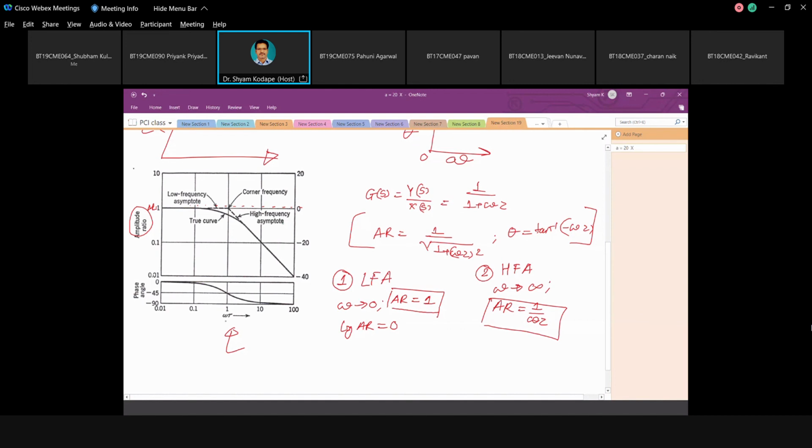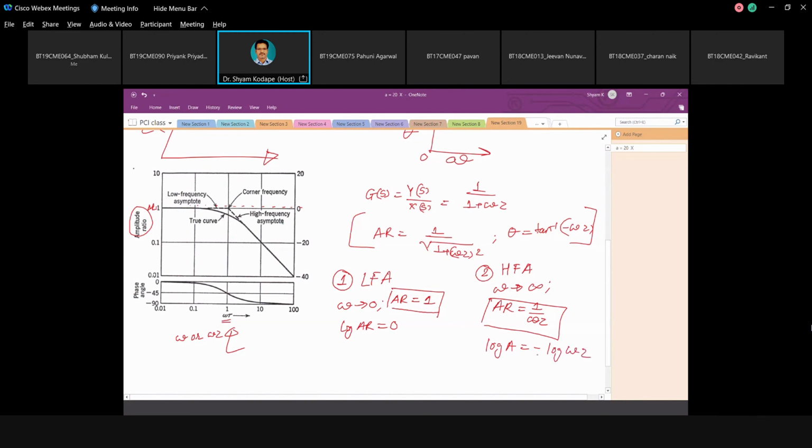Either you plot in terms of omega or omega tau, because tau is constant and the only variation is omega. The plot here is in omega tau, that's why I'm explaining it in this fashion. Both are possible. So log of AR is equal to minus log omega tau.